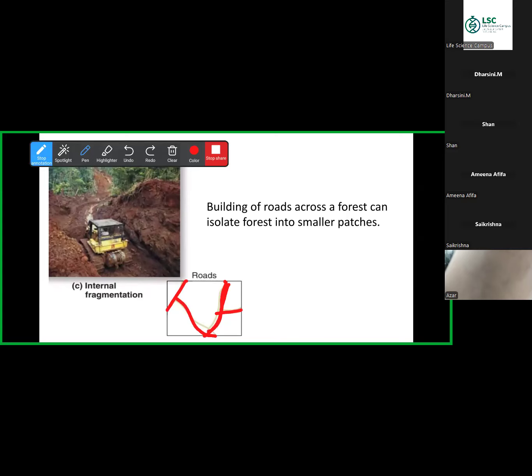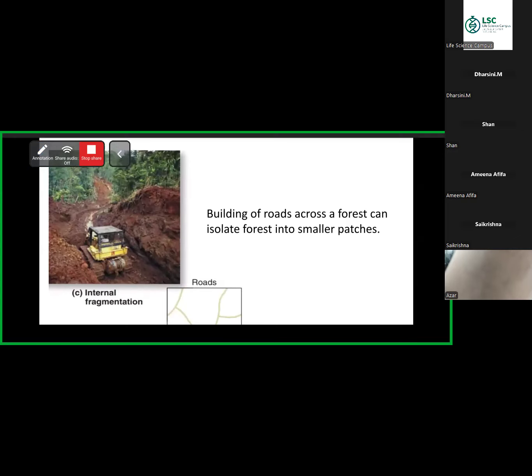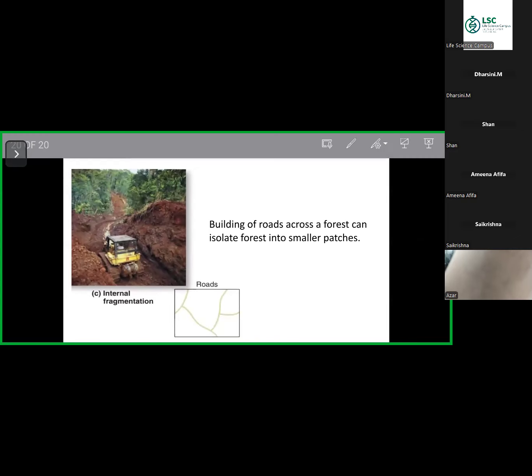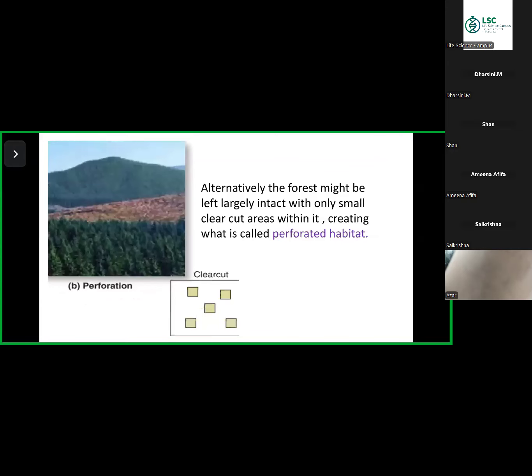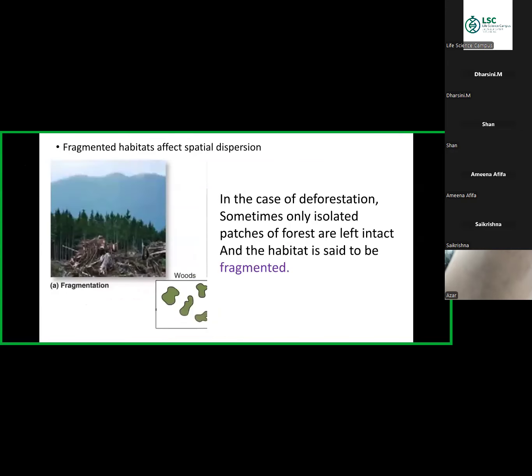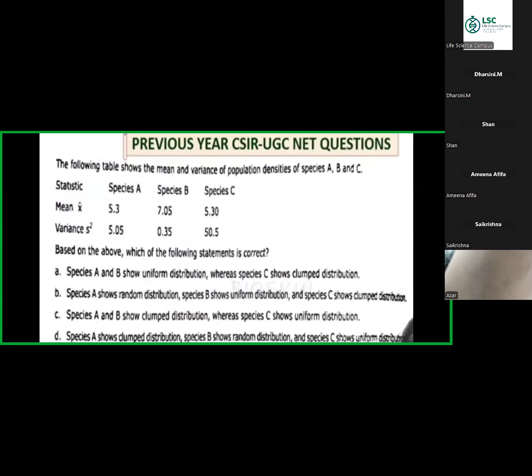This is internal fragmentation. Is it clear? Yes, ma'am. So now I think you will get the difference between fragmentation, perforation, and internal fragmentation. Is it okay? Okay, okay.